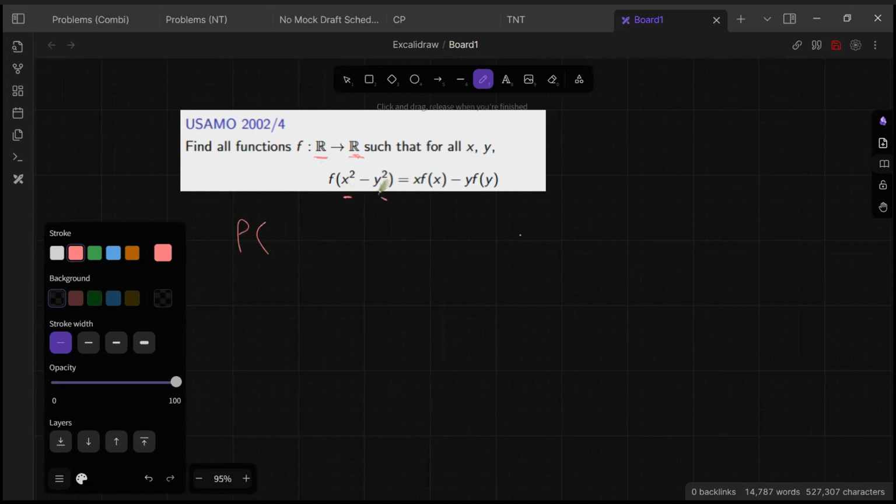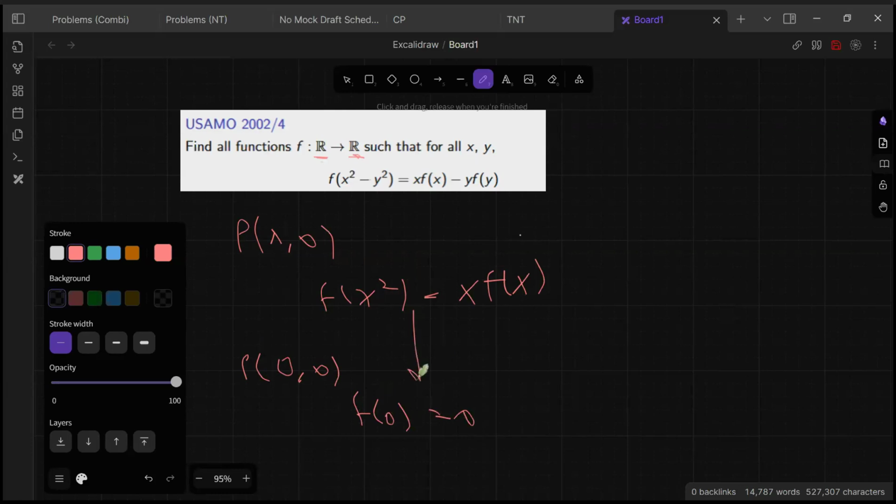P of x comma 0 first gives f of x squared is x times f of x. P of 0 comma 0 gives f of 0 is 0, which is clear from here also. We can put x equal to 0 and we'll get this: f of 0 is 0 and f of x squared is x times f of x.